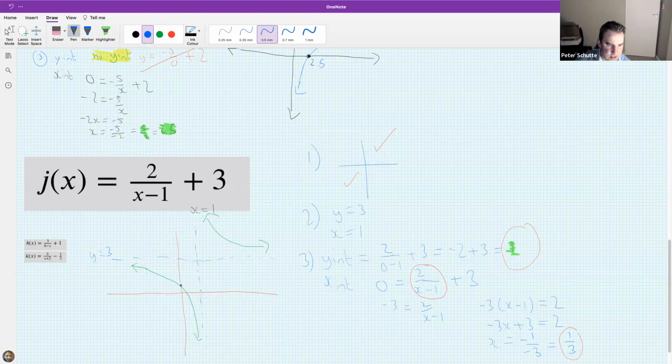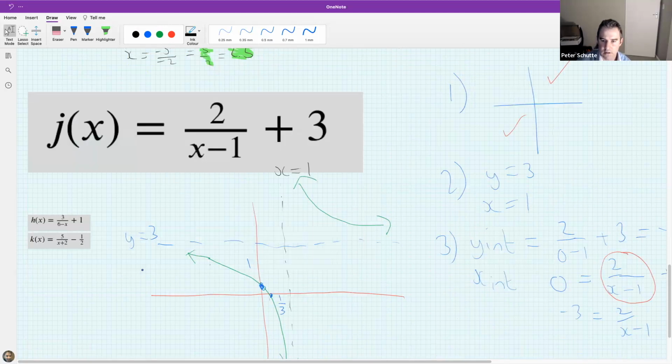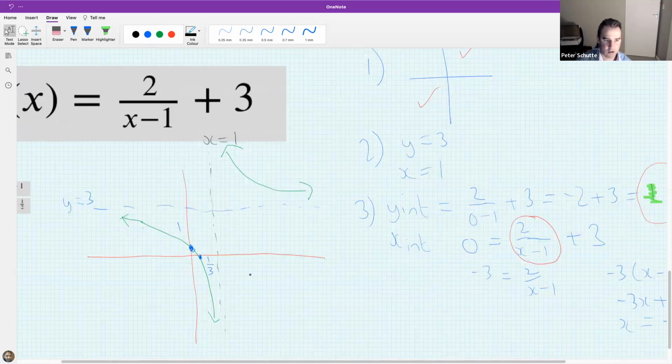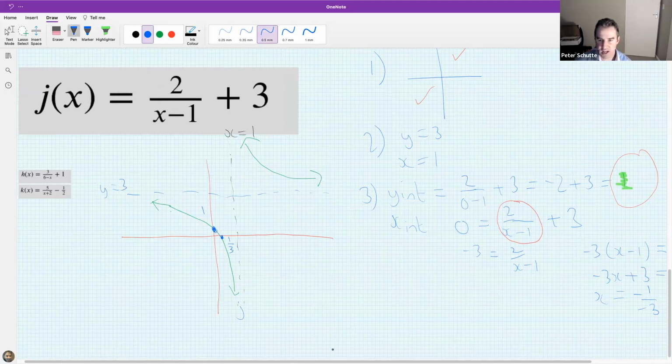And then I just label over here, this is going to be 1. And this over here is going to be 1/3. Sorry, I should zoom in a little bit so you get a better view. So this is going to be 1/3. This is going to be 1. And the equation of this graph is the graph J.